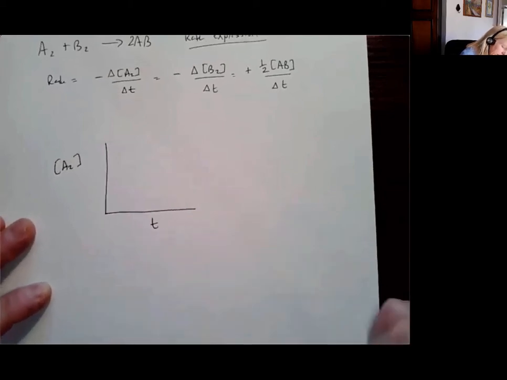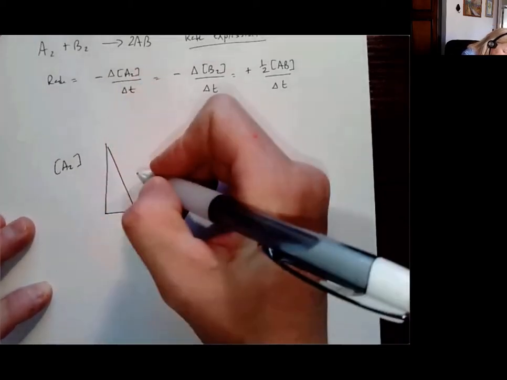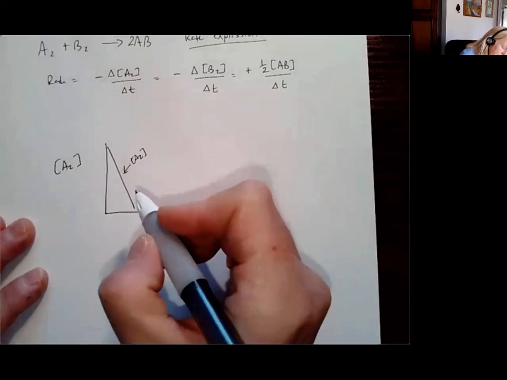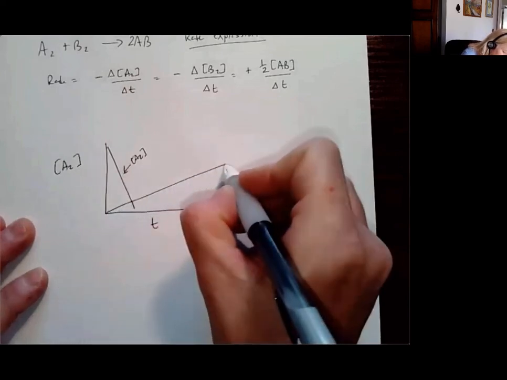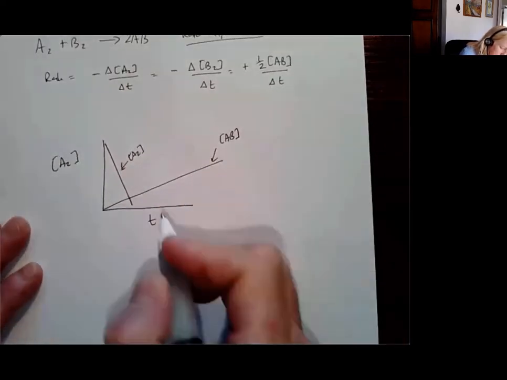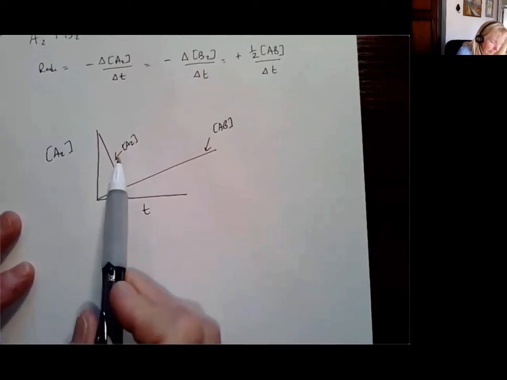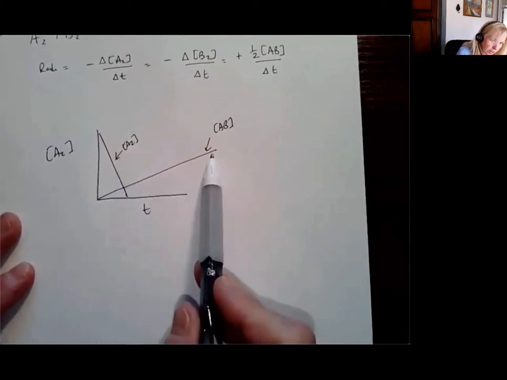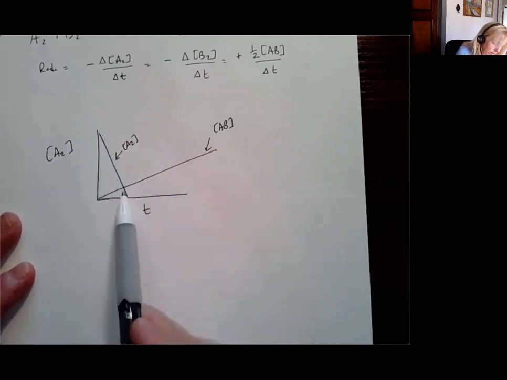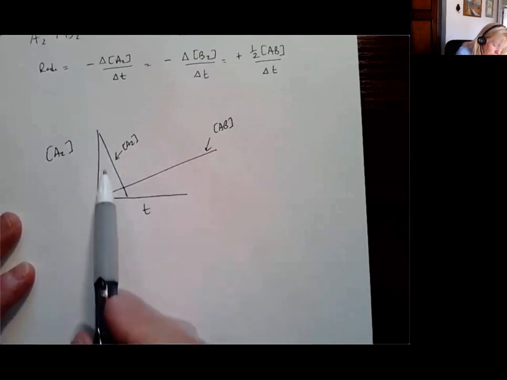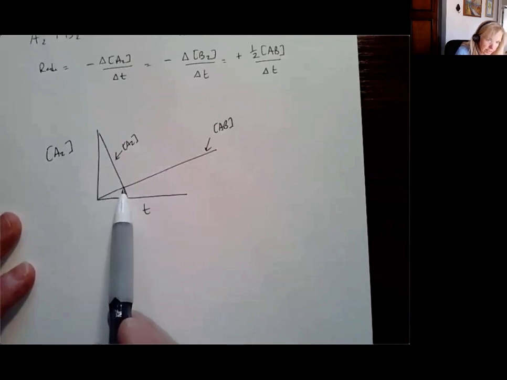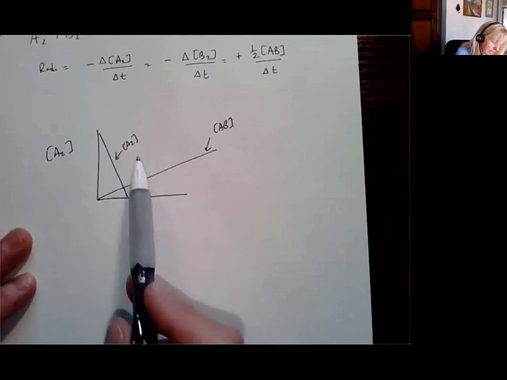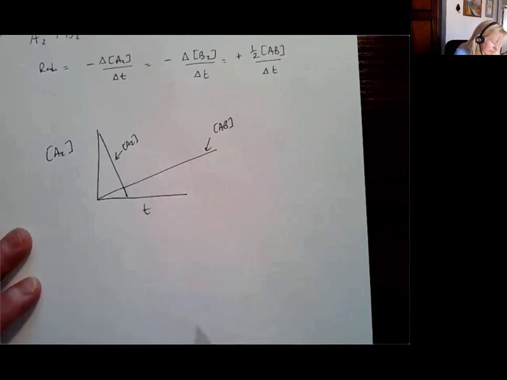And what I saw with A2 is A2 goes like this, but my concentration of my product goes like this. What that's going to tell me is that this is having very little effect on the production of AB, because this is going down significantly. This is almost gone before I see any appreciable product.